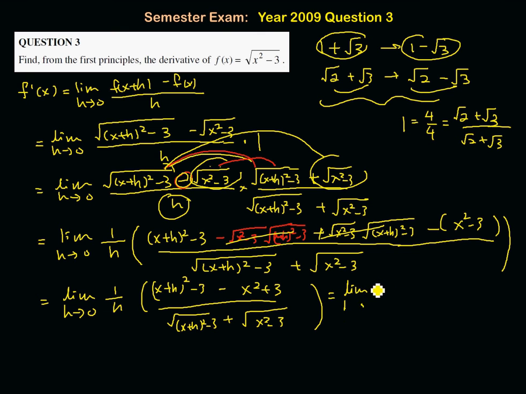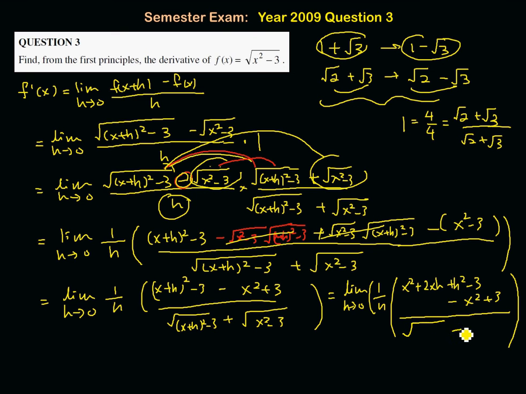1 over h, you get x squared plus 2xh plus h squared minus 3 minus x squared plus 3, divided by the denominator. I'm not going to repeat this, so you just copy this denominator. And what will happen? You eliminate the x squared, you do away with the 3, and you're left with 2xh plus h squared.